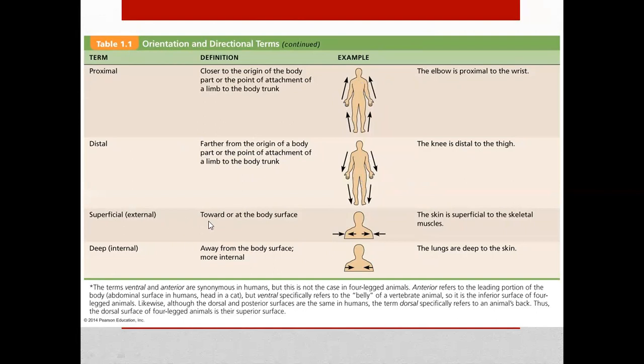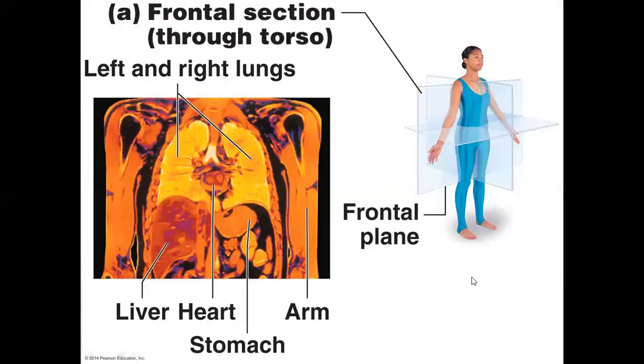Superficial, external, deep, internal. Superficial is towards or at the body surface. The skin is superficial to the skeletal muscle. And deep is away from the body surface or internal. The lungs are deep to the skin.